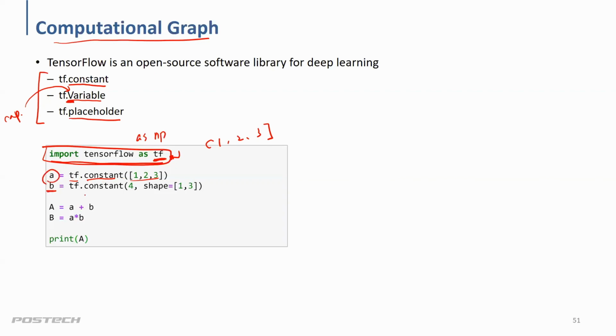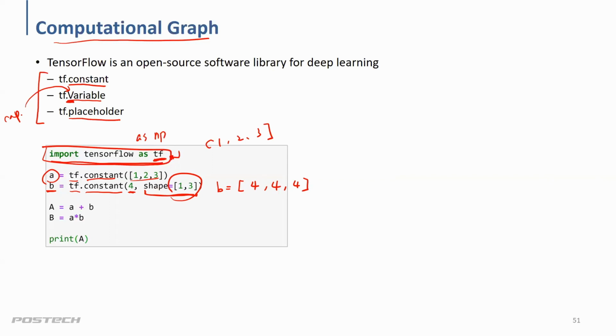For b, you have tf.constant where this is the shape and this is the values. That's another way that you can define tf.constant.